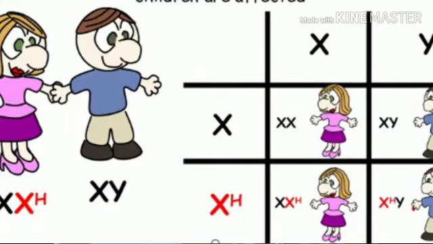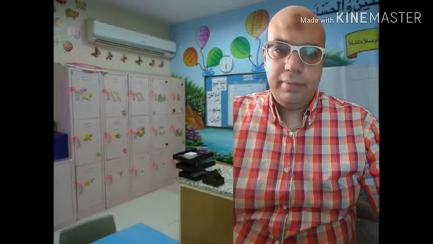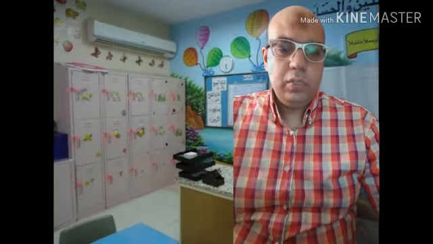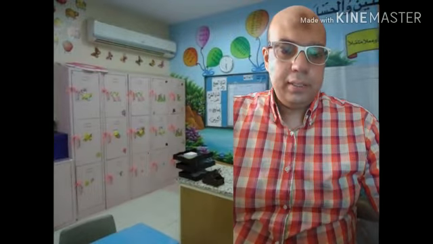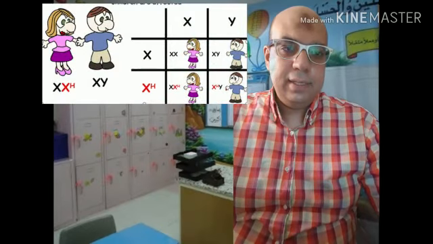Okay, look at here. Hemophilia is inherited usually because the mother is a carrier. Once again, usually male children are affected. When you see the crossing in the Punnett square, you'll find the female is XX.